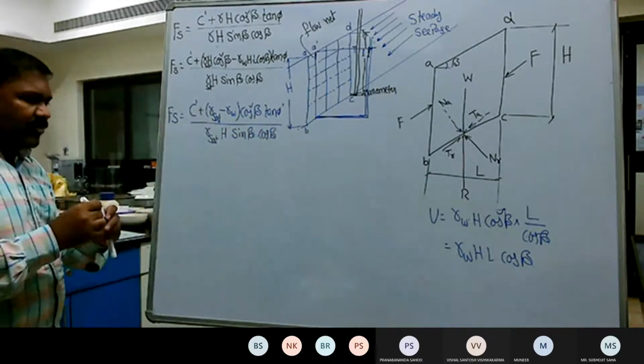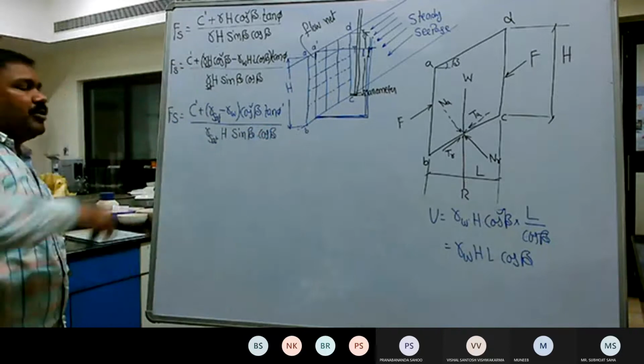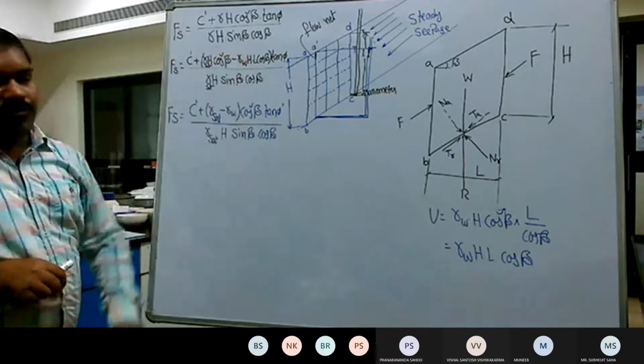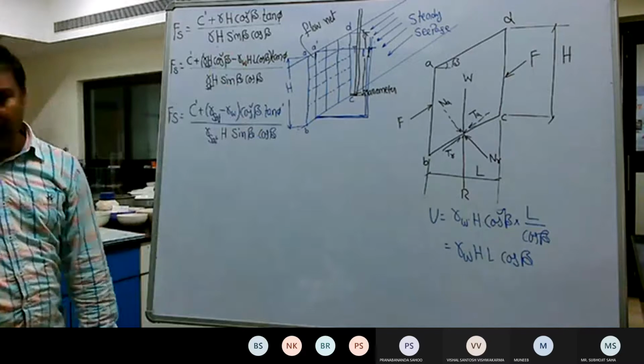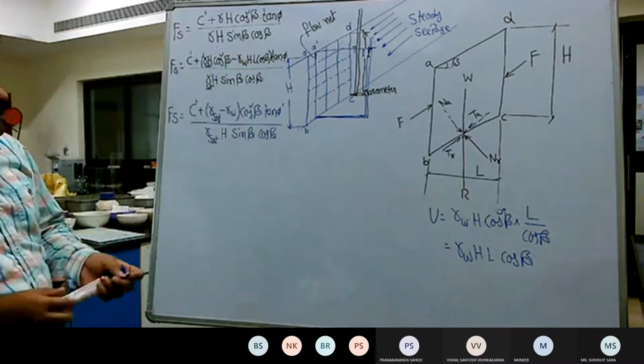Okay, so this is the final form of the factor of safety equation that you obtain. Just take care of force and stress. Your C also needs to be multiplied with the area.